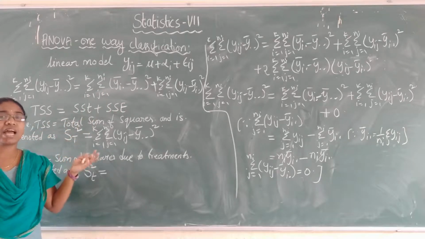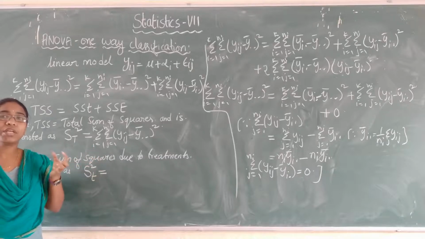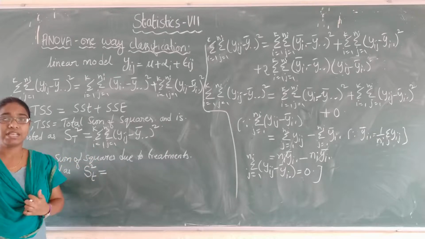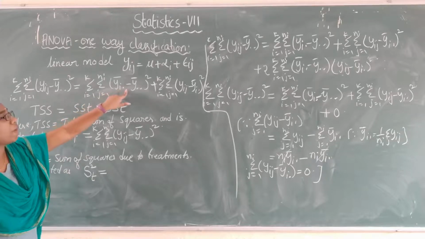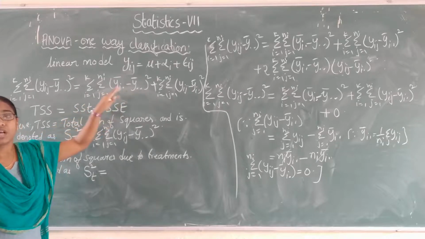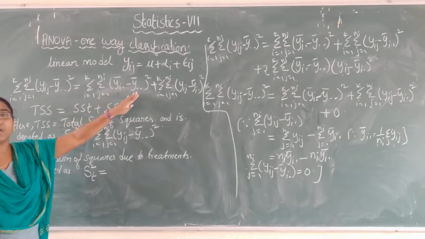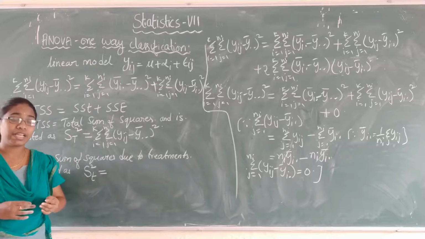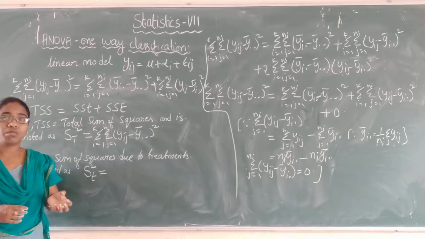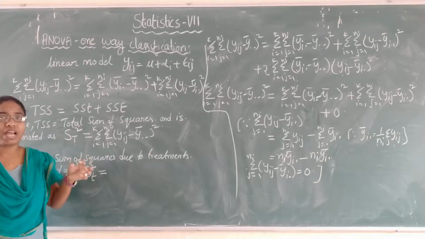So that is nothing but alpha i, that is the effect due to the ith treatment. So here also, in the same way, we have the ith treatment mean minus the overall mean. The ith treatment mean minus the overall mean is nothing but alpha i, that is the increase or decrease in the overall output due to the effect of the ith treatment.